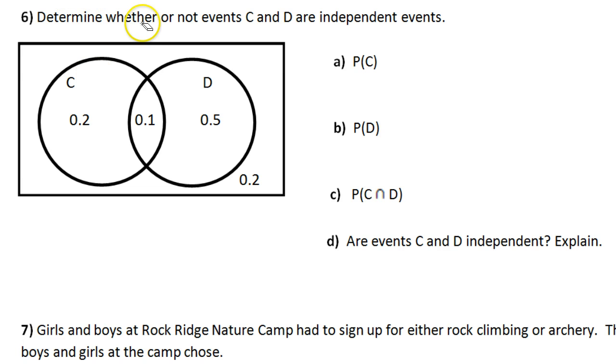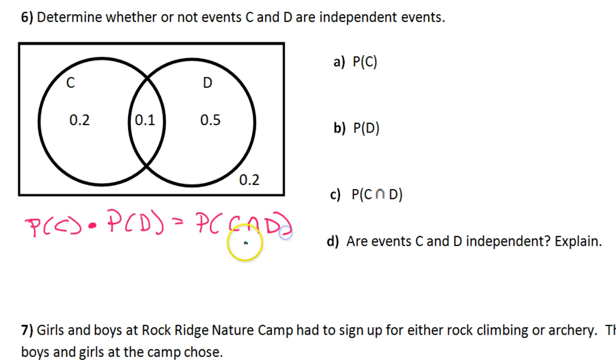Okay, for number 6, we're supposed to determine whether or not events C and D are independent. Well, as far as calculations go, the thing that we learned about independence is events C and D will be independent if and only if the probability of C times the probability of D is equal to the probability of C and D, the overlap.